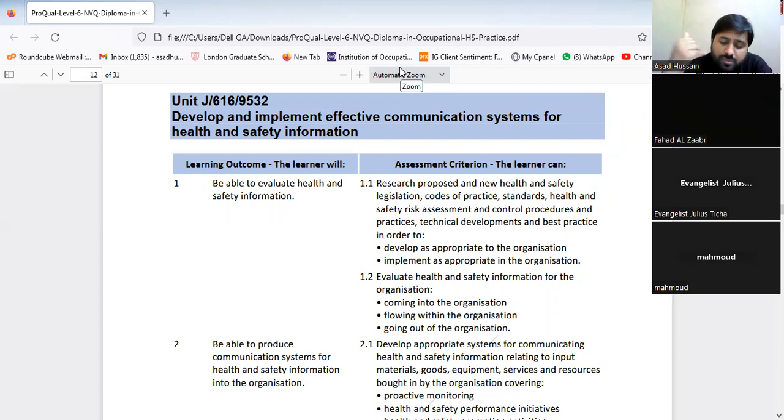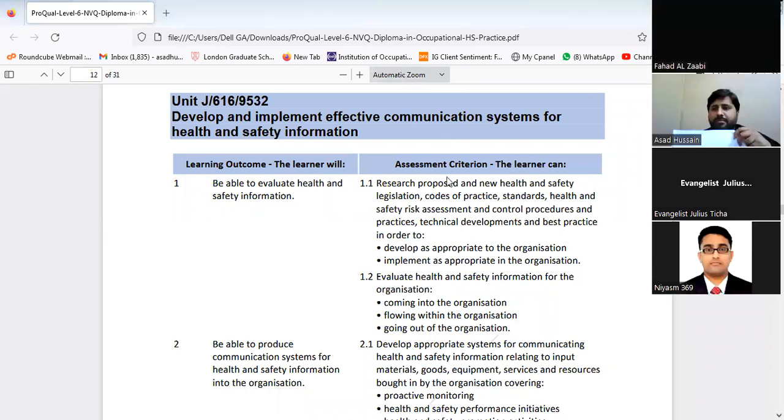And when it comes to going out, we have third-party accreditations, information passed to contractors, or simply you should have evidence that you are sharing some information externally to the contractors, to the suppliers. So that will be three different sources of information in the organization.